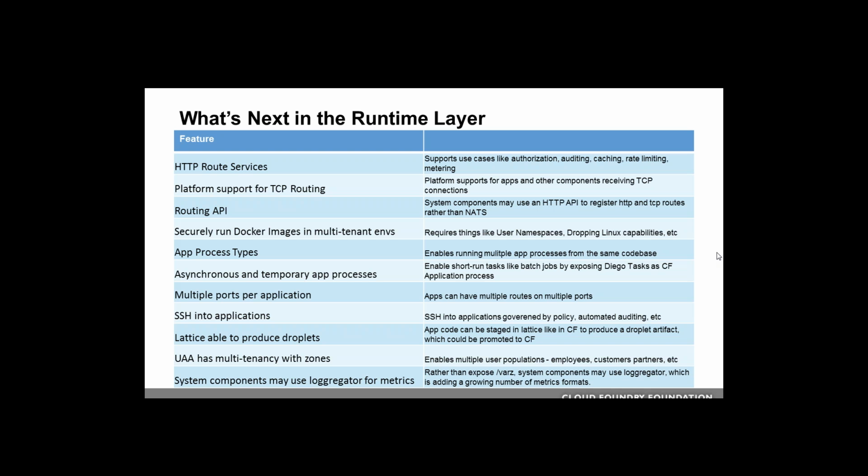As part of the work on TCP routing and as part of what Diego is exposing, we'll be supporting multiple port containers per application. And apps can then have multiple routes on multiple ports. So you might imagine an admin route to your app and or a debugging route or something like that.